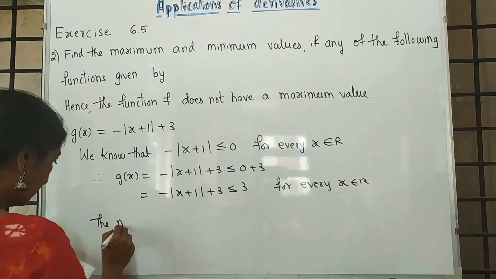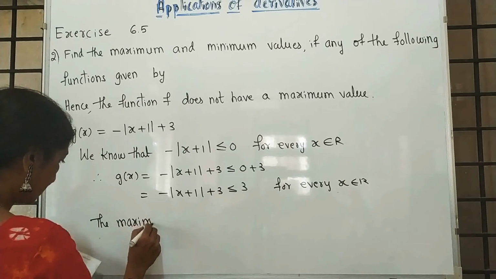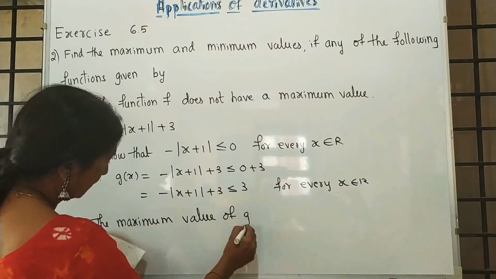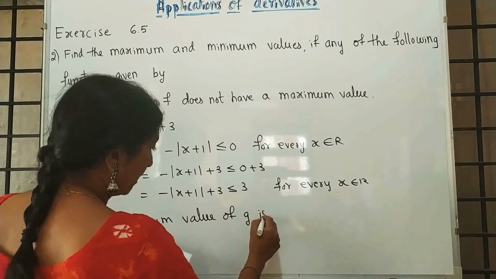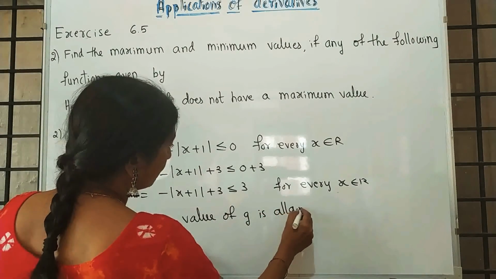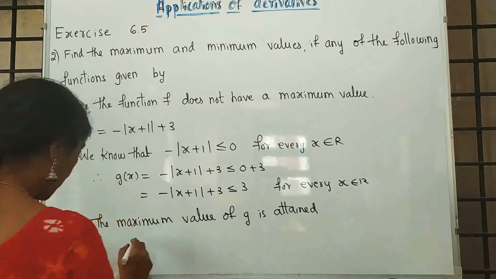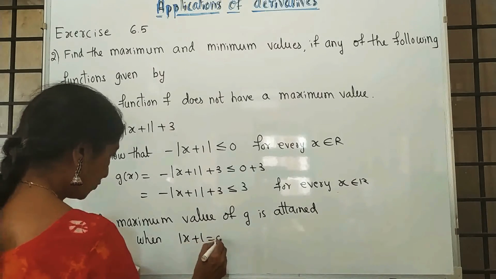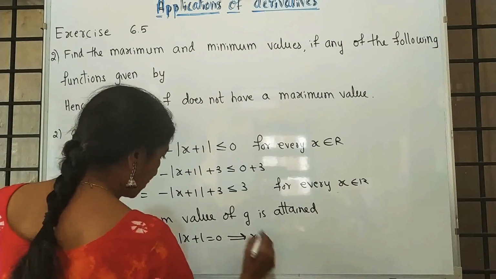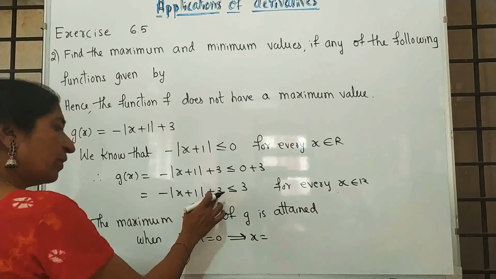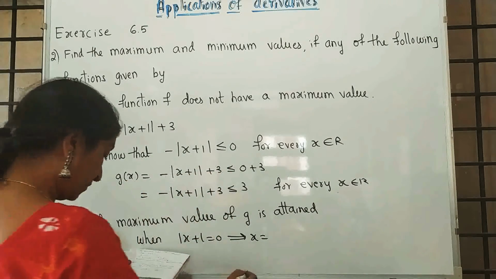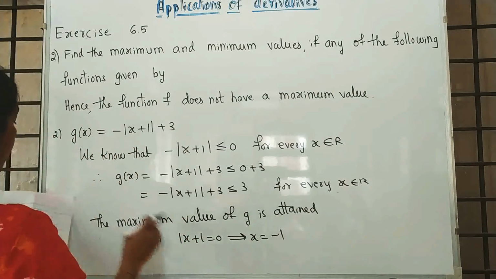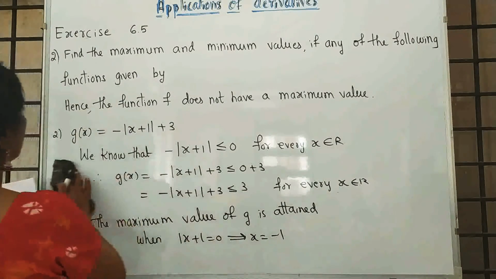The maximum value of g is attained when mod x plus 1 is equal to 0, that is x is equal to minus 1. When it becomes 0, then only we are getting plus 3. Plus 3 is the maximum value. Write that value and you will get the maximum value.